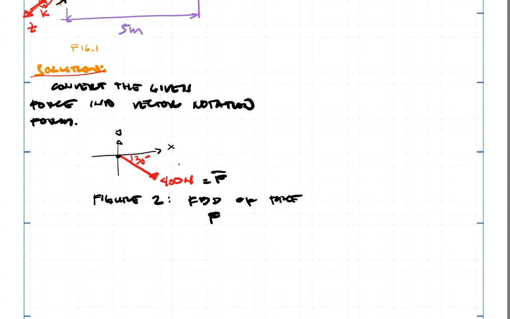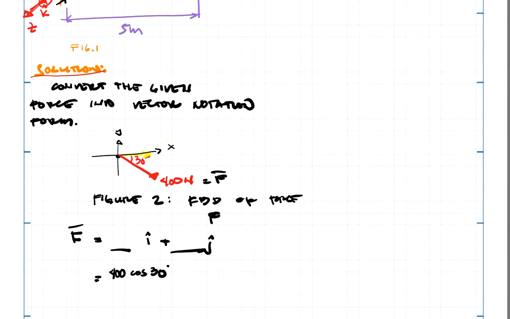In order for us to find the vector form, we need to find its i and j components. Since we are given 400 Newton and 30 degrees clockwise from the positive x-axis, we can easily say that the i component of this 400 Newton is just equal to 400 Newton cosine 30, and we have a positive direction.